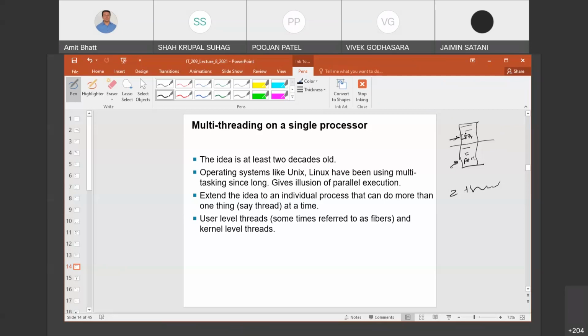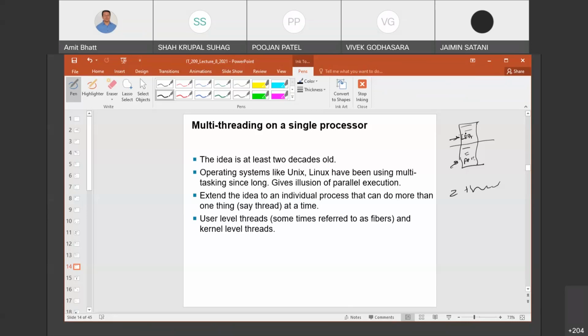Only one thread can work at a time in a simple processor, but you can take advantage. You can hide the latency of your memory. If one thread is stuck in the memory, you can say, okay, remove this process from the processor. That means you have to do what you were doing in an interrupt, save the state on a stack and everything.